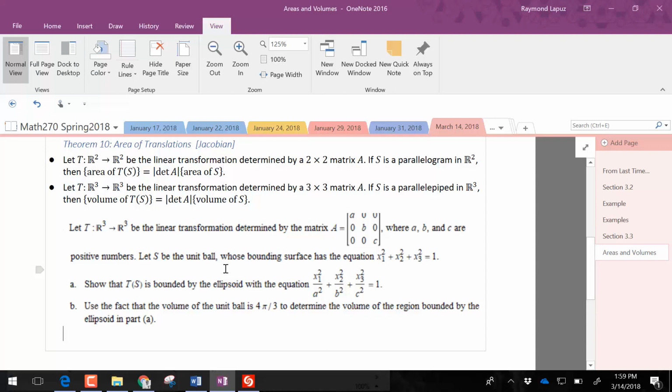And then S is your sphere, x squared plus y squared plus z squared. Show that T of S is bounded by the ellipsoid. So when we transform your sphere through this transformation, it's going to elongate your x, elongate your y, and elongate your z by A, B, and C, and then it'll create an ellipsoid.